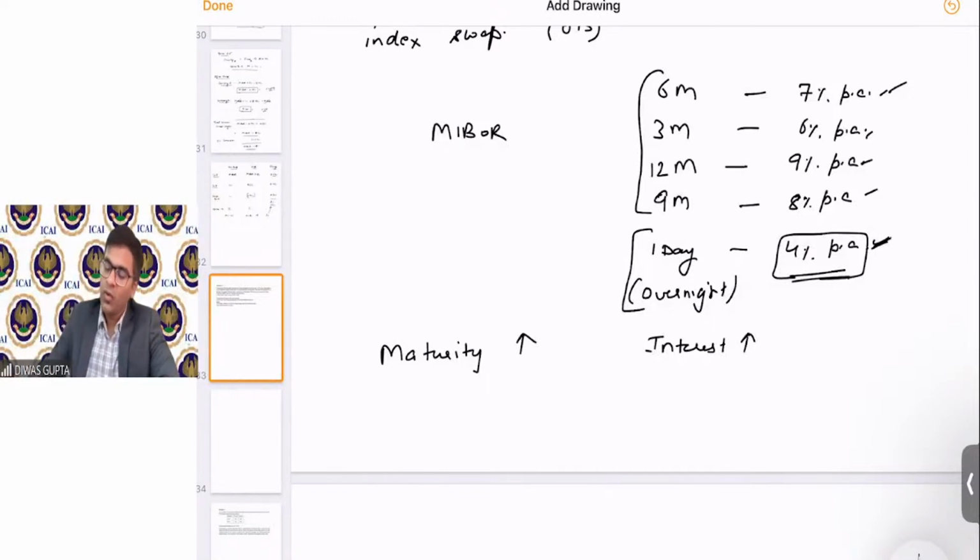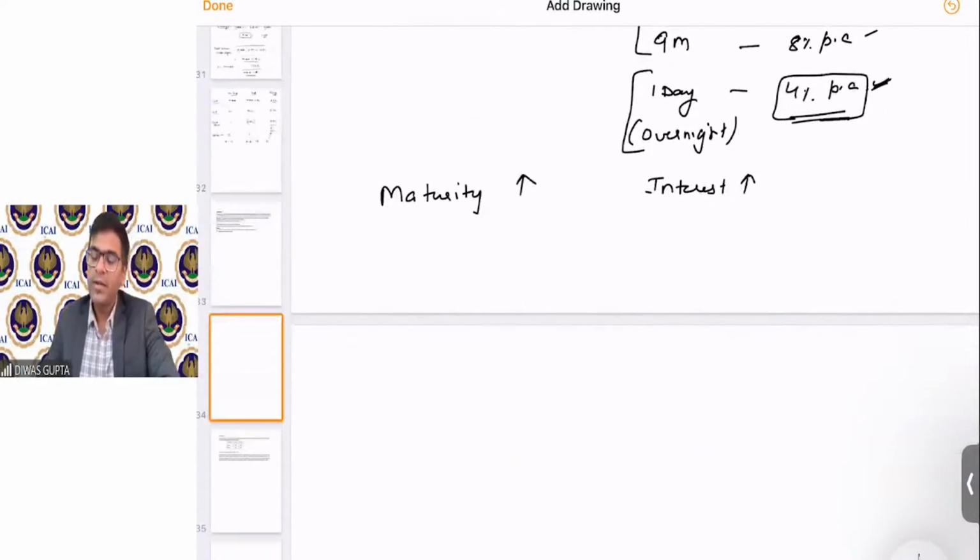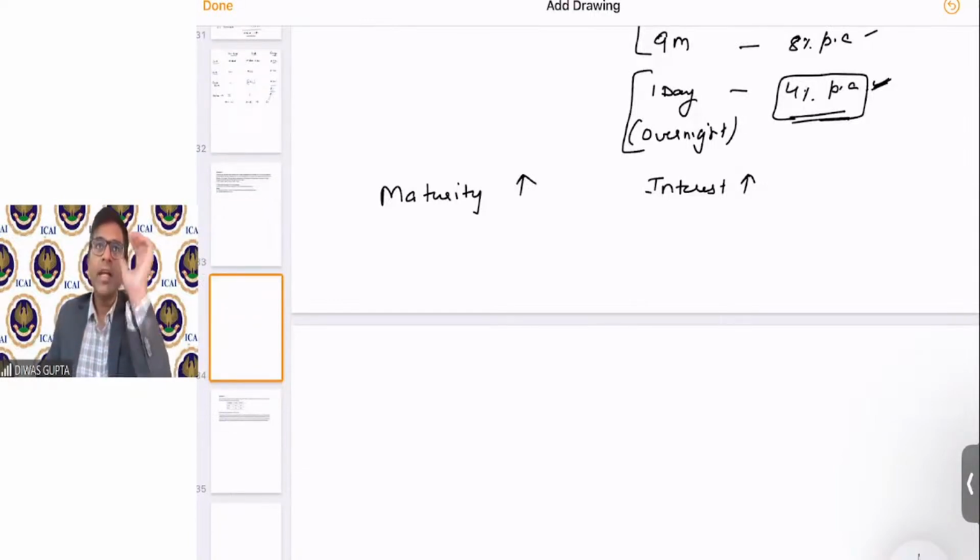Very nice. What happens, students? Just think of it from a normal commercial perspective. If I tell you today that I want to borrow 500 rupees and I will return it by tomorrow, and I'm a running company, will my assets and liabilities change very significantly from today to tomorrow?